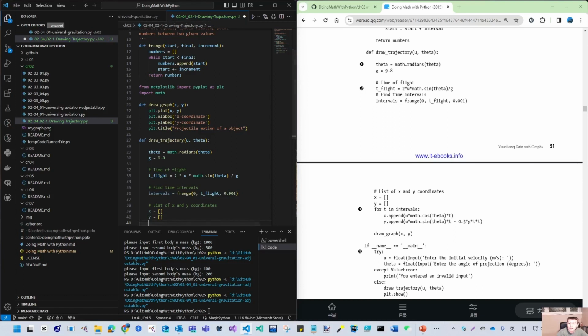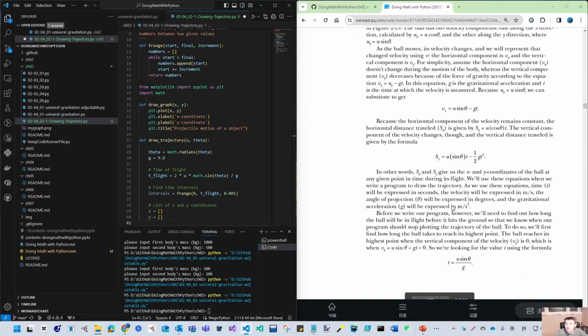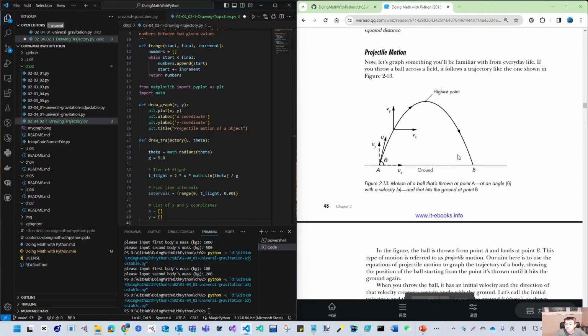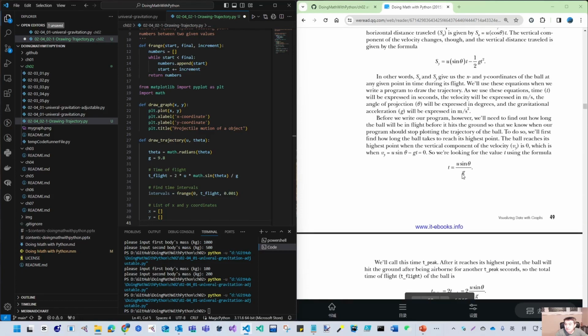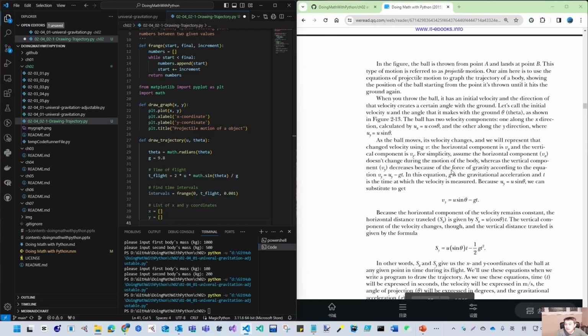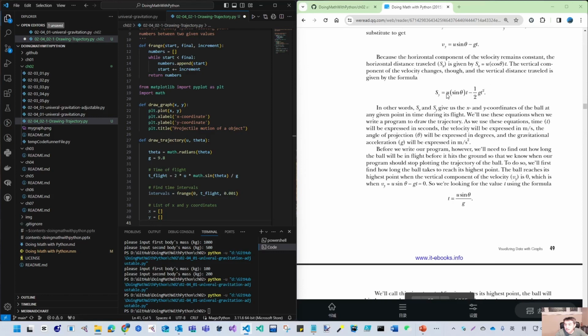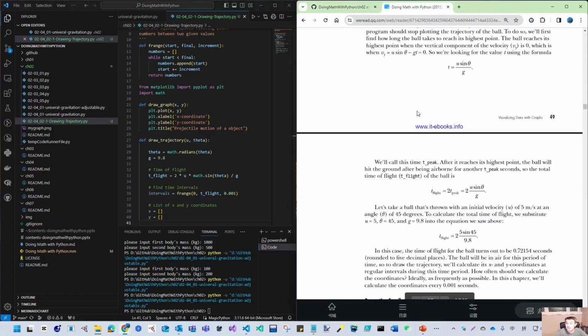And how we can input that: x is u times cosine theta times t. As y is u sine theta times t minus half g t squared. So that is the formula.